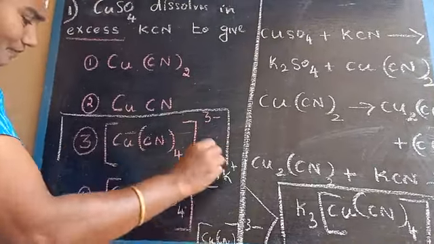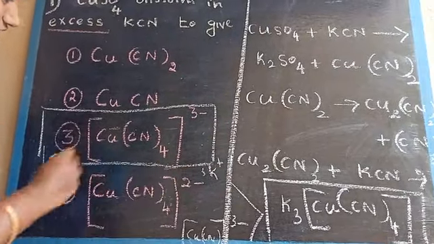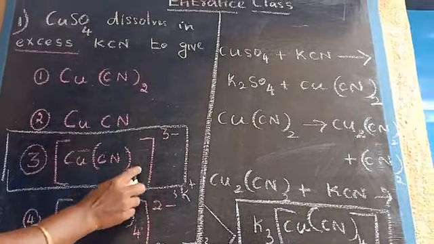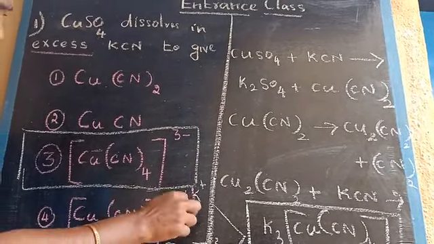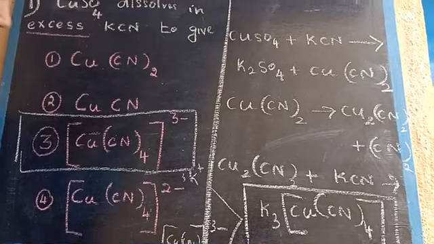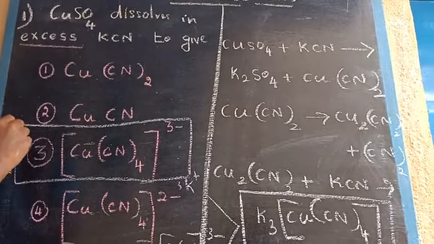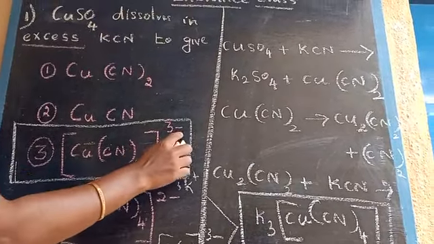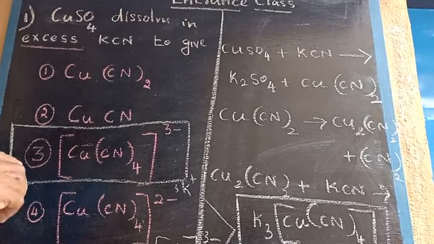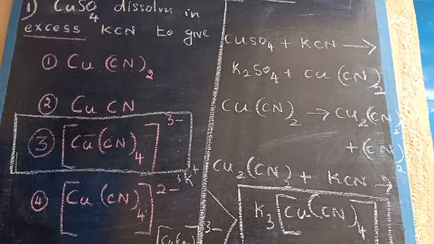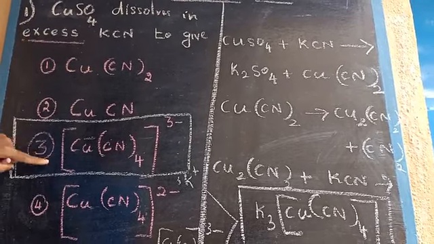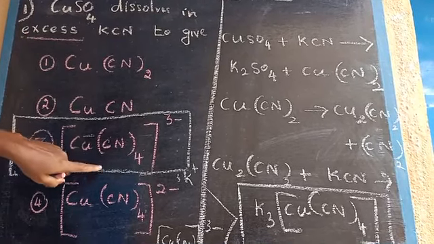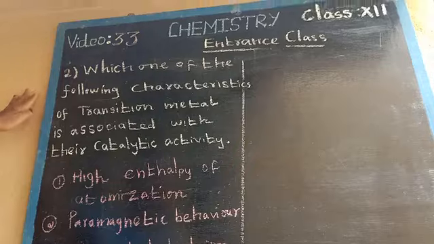Option 3 is correct, [Cu(CN)4] 3 minus. Option 2 minus is also given, but according to the equation the third option is correct, the ionic state 3 minus. So copper sulphate dissolves in excess potassium cyanide to give [Cu(CN)4] 3 minus.